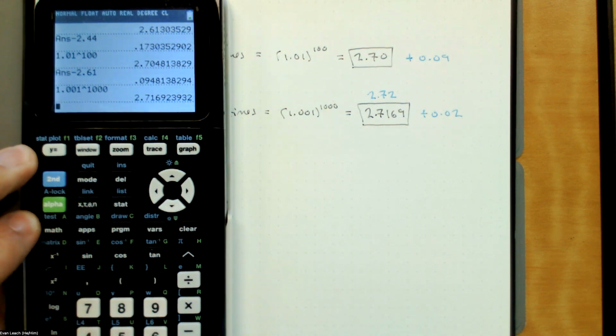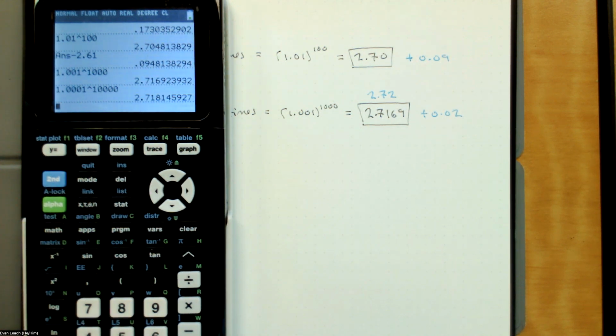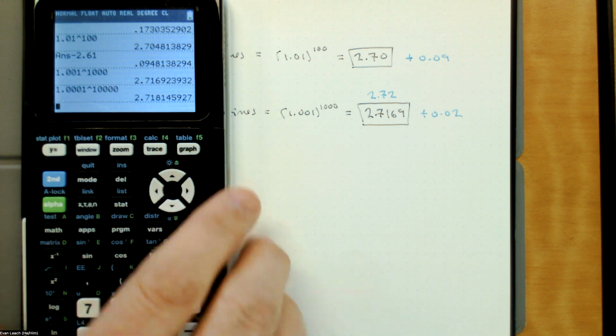And we can just think of this in terms of limits, and we can think of it numerically. 1.0001 to the 10,000. And we can think about what's happening as the n increases.